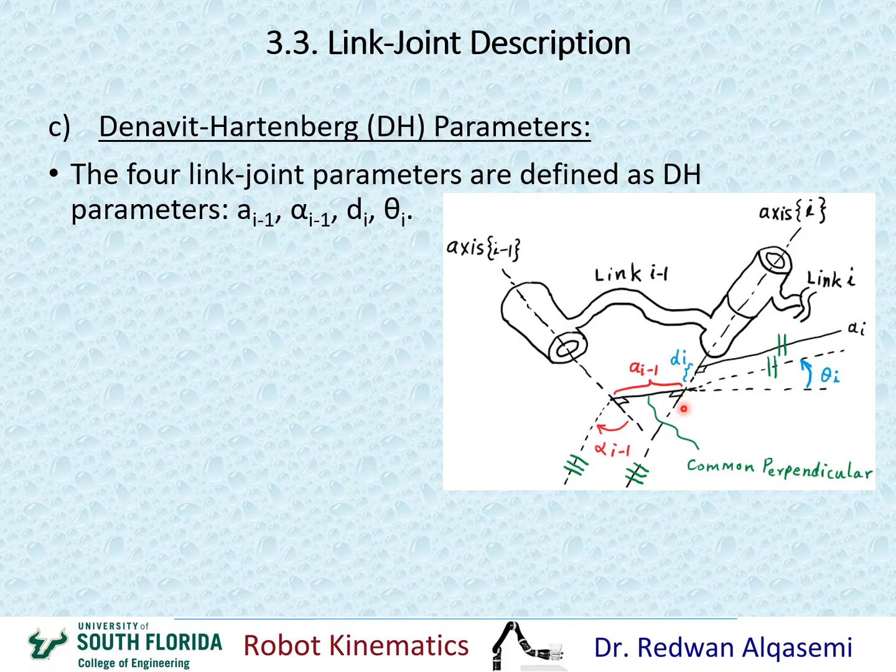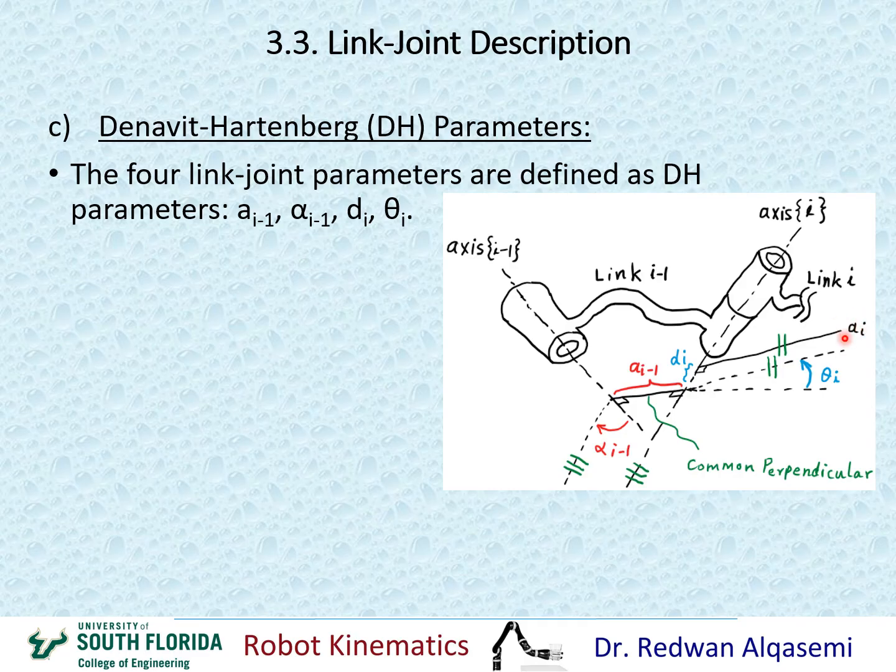Then if I look at this common perpendicular that has a_{i-1}, and then the next common perpendicular, which is right here. I don't have axis i+1 drawn here, but let's assume that this is the common perpendicular between axis i and i+1.